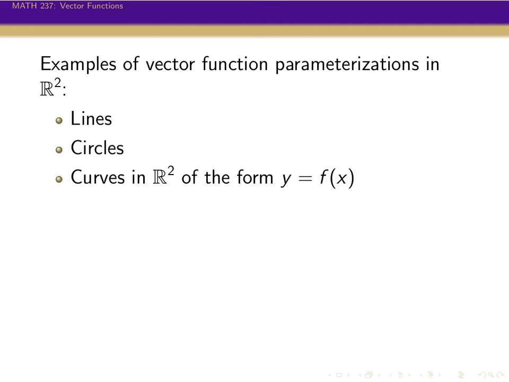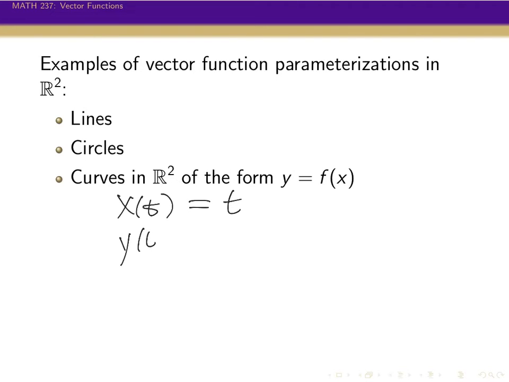Okay. So the functions that we could draw nicely before, of the form y equals f of x, it also is easy to write these as vector functions. And there's a quick trick to doing this. You're going to set the x coordinate to just be t.